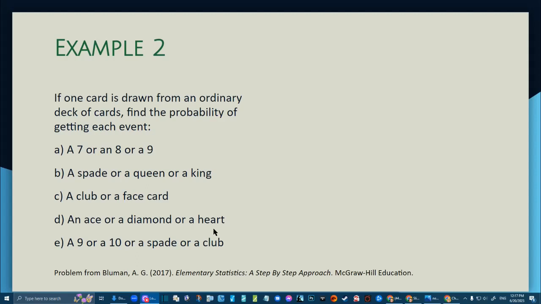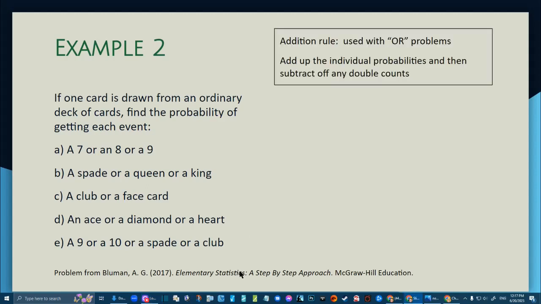Okay, so let's go ahead and start with A, the probability of finding a 7 or an 8 or a 9. Because we're using a problem with the word or in it, we want to use the addition rule. And in this case, we're dealing with situations with more than 2 events. So I'm going to sum that up in words.